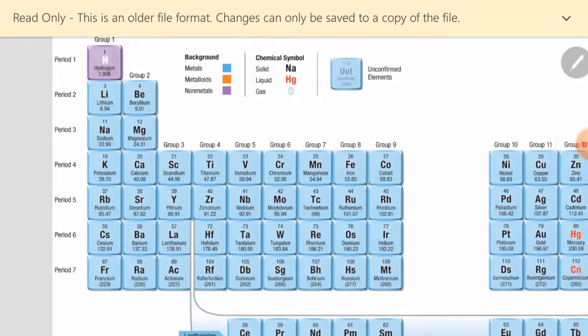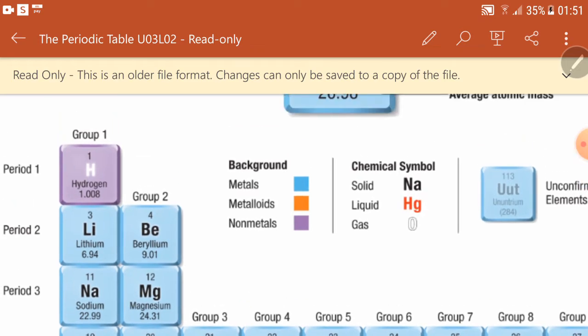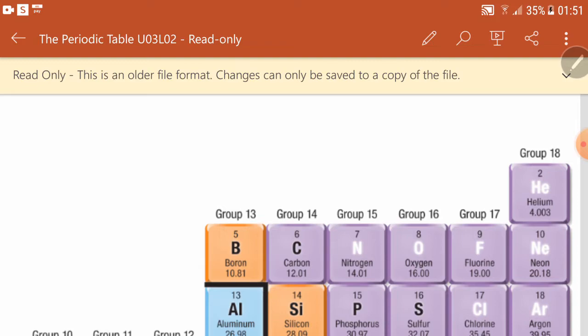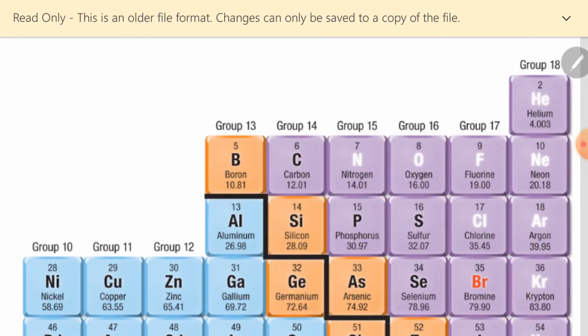The atomic number is increasing. Hydrogen's atomic number is 1. Helium is 2. Lithium, 3. Beryllium, 4.